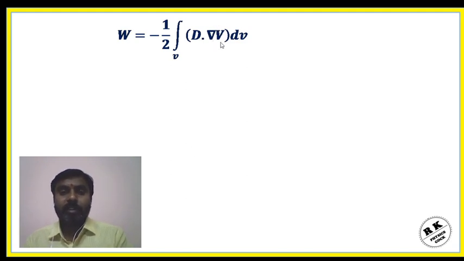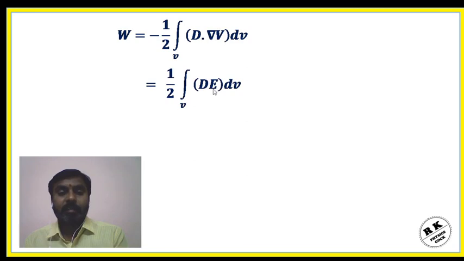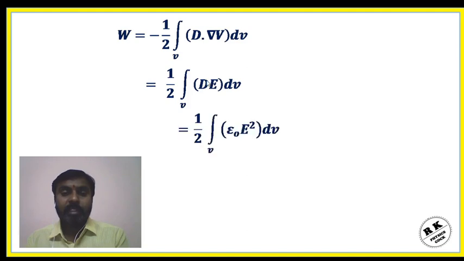Now look at this term: minus del V, the negative gradient of potential, can be written as the electric field intensity E. So if we replace minus del V, it becomes D dot E. Now in this equation, let us replace D with epsilon naught times E. This electric displacement vector is replaced by epsilon naught times E. In that case, the equation becomes half integral epsilon naught E square dv.